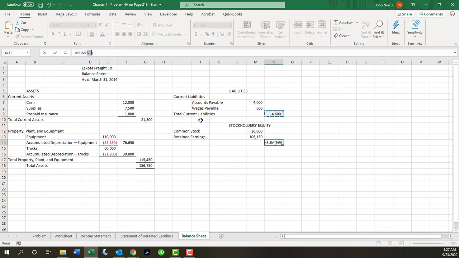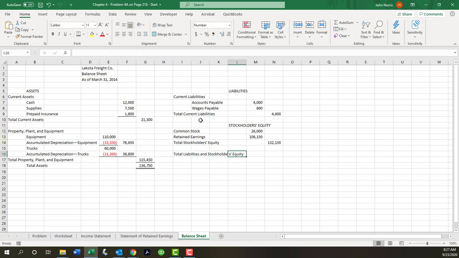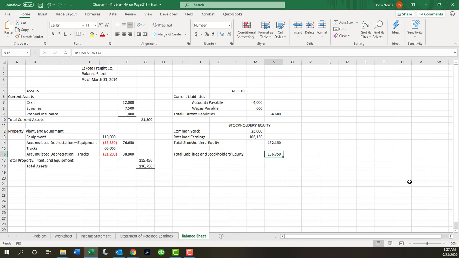That gives us total stockholders' equity and then total liabilities and stockholders' equity of the same $136,750.